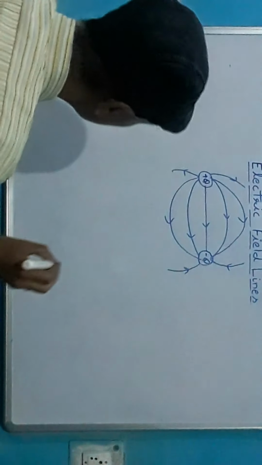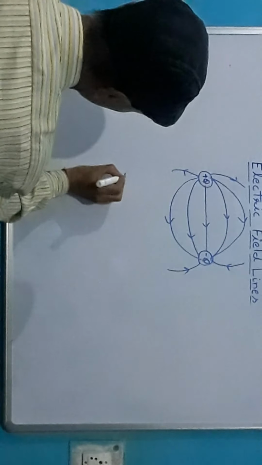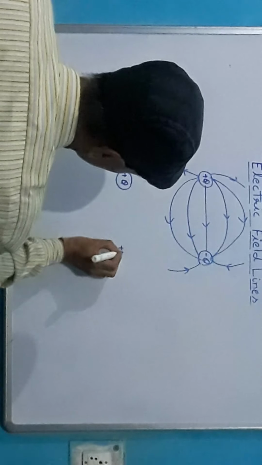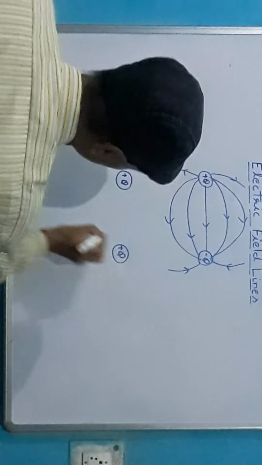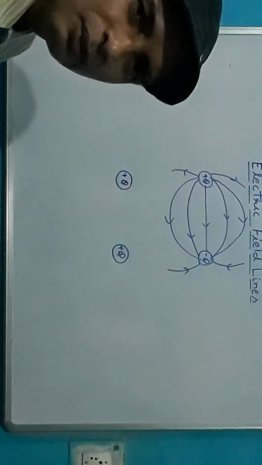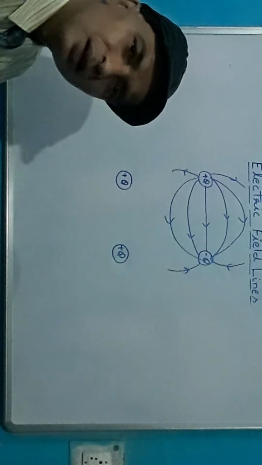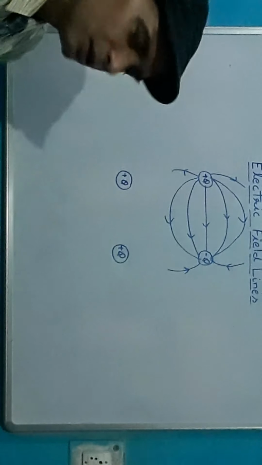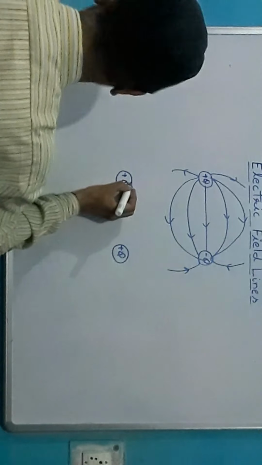In the same manner, if I have to draw the electric field lines due to two charges of same nature and same magnitude, what will be the diagram for these electric field lines? I have to draw this. This will be like this.